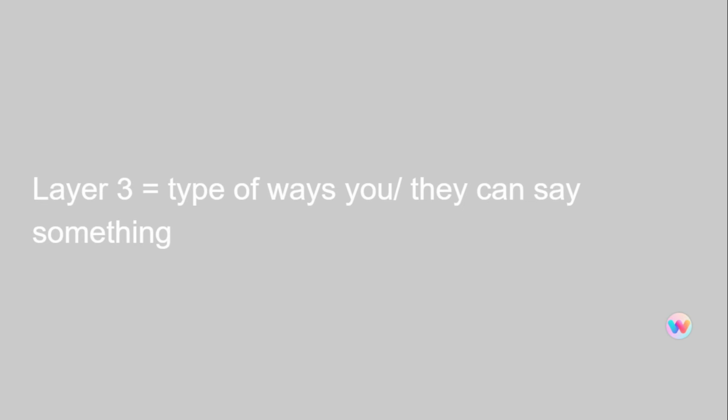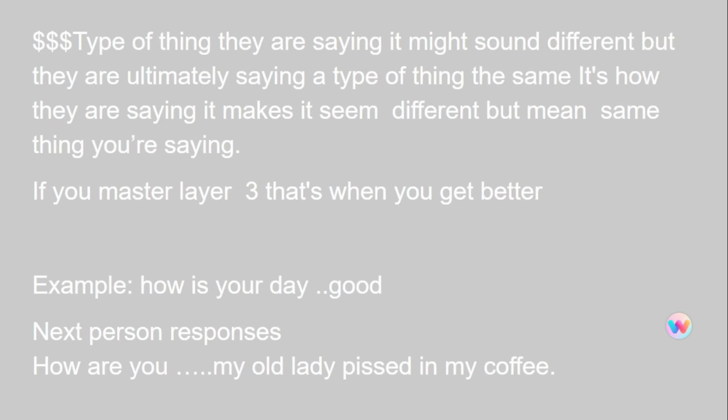Layer three is probably the most important, or the second most important part, because this is probably where your mind goes blank and you're thinking too much. So if you master this, everything gets easy, which is the type of thing they are saying.